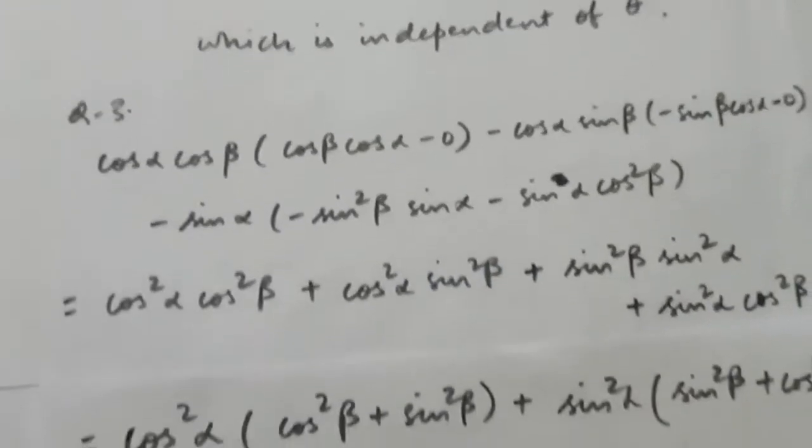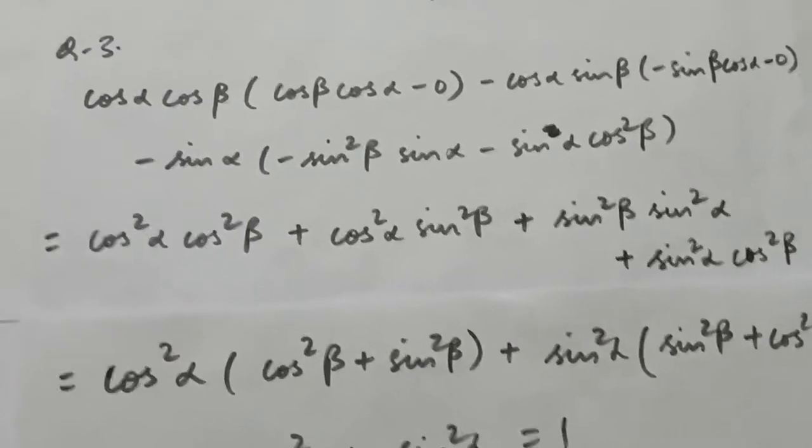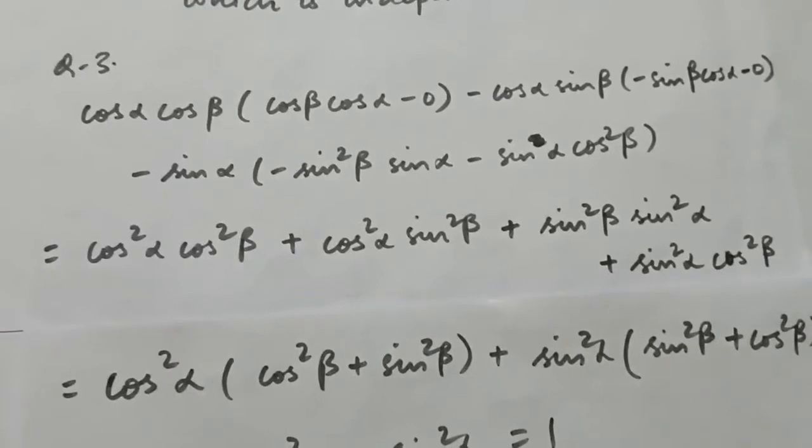Now you can leave question number 2 because it is based on the properties of determinants. Now question number 3. You have to evaluate the determinant given in the question.